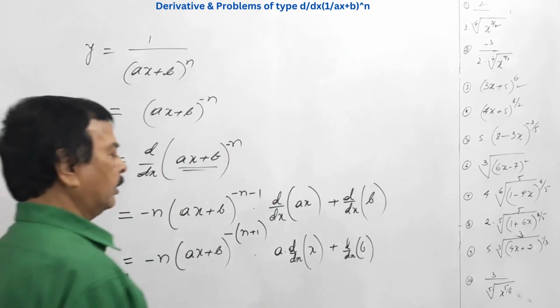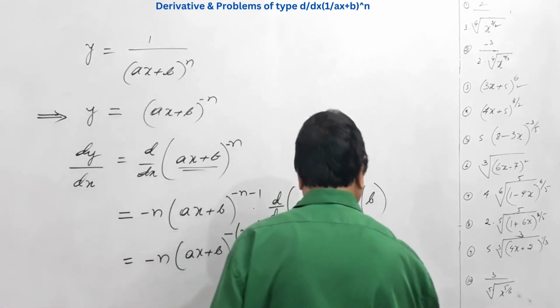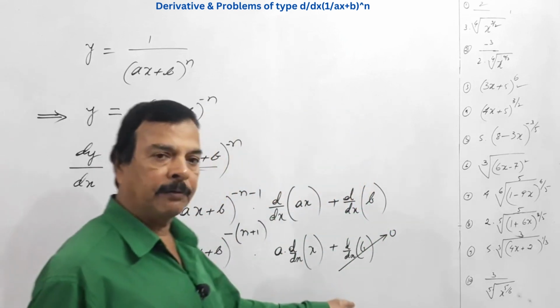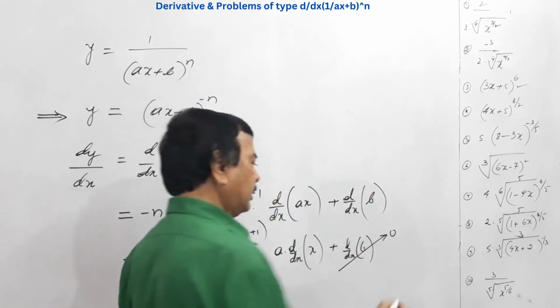So we know d by dx of b is a constant, and d by dx of a constant is 0.